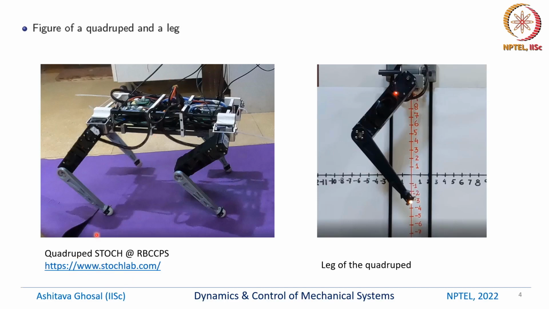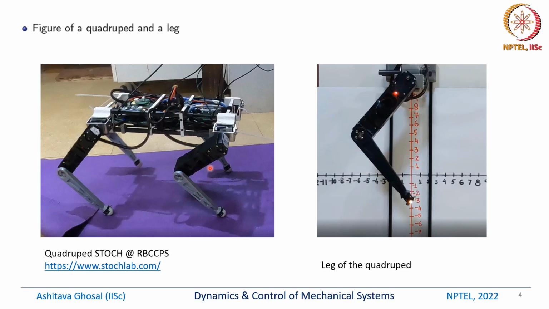This quadruped is called Stoch, and the work on this quadruped has been continuing in the Robert Bosch Center for Cyber Physical Systems for several years now, and there are lots of videos and details about the Stoch quadruped in this website. In this lecture, we are only interested in how to model and control one of the legs of this quadruped.